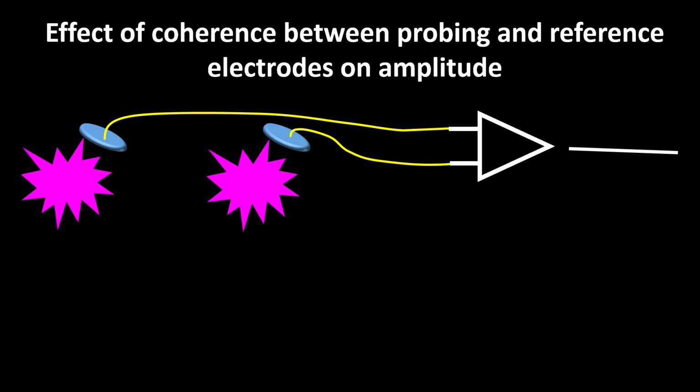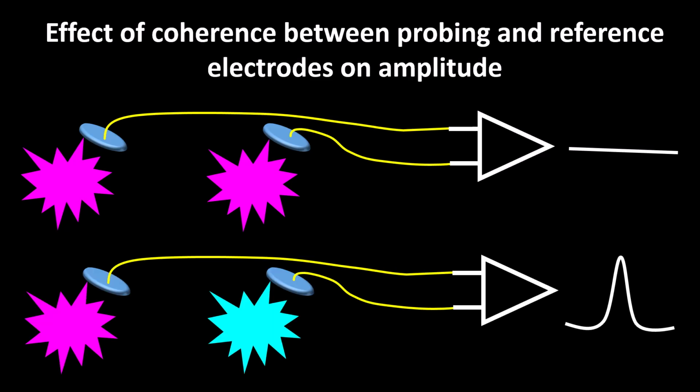Said in a different way, when the probing and the reference electrode are exposed to simultaneous and coherent electrical forces, a flat line will occur since the electrical forces will cancel out each other by virtue of the differential amplifier arrangement.